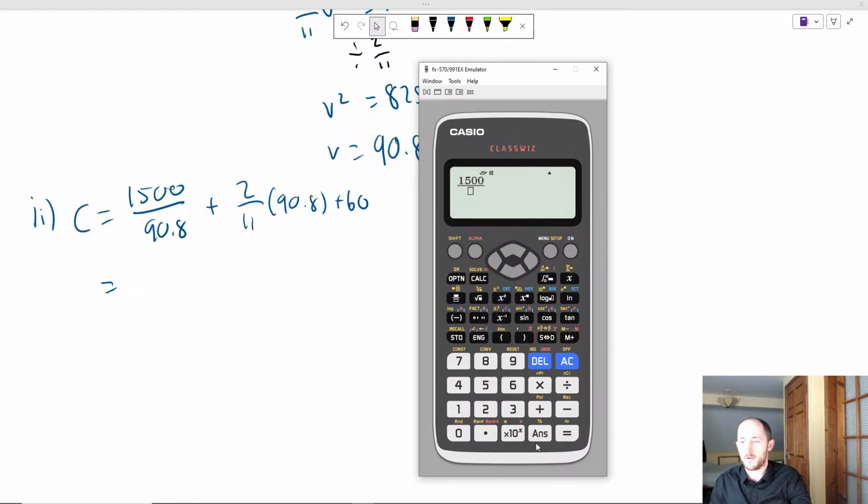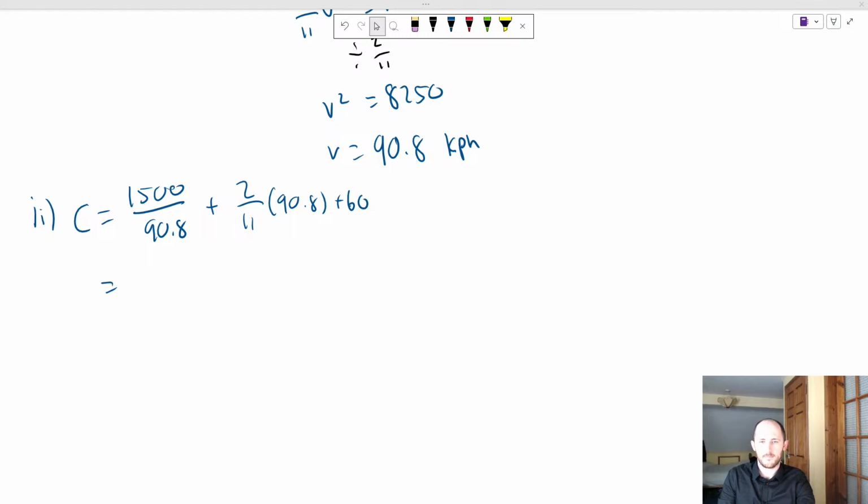I might even use the answer button just to be super accurate, by the way. Why not, right? Plus 60. So the minimum cost of this journey is £93 and 3p. So it's to 2 decimal places. That's it.